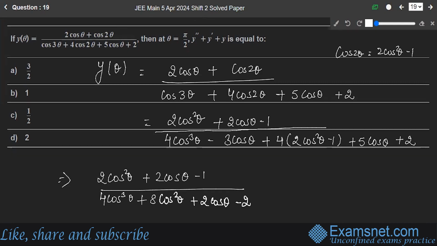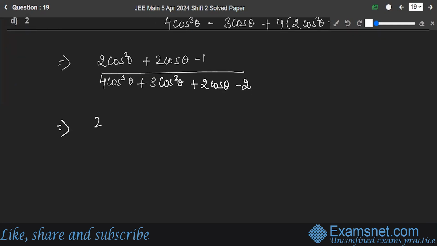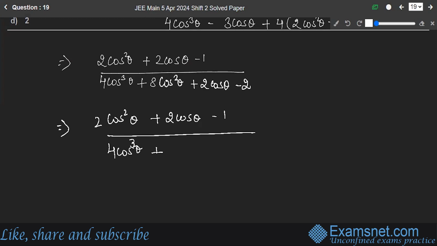Now let's keep the numerator as such, 2 cos square theta plus 2 cos theta minus 1. Open up the denominator, because I want to make the factors. So this is 4 cos cube theta, and let's say 4 cos square theta, plus 4 cos theta minus 2 cos theta minus 2.